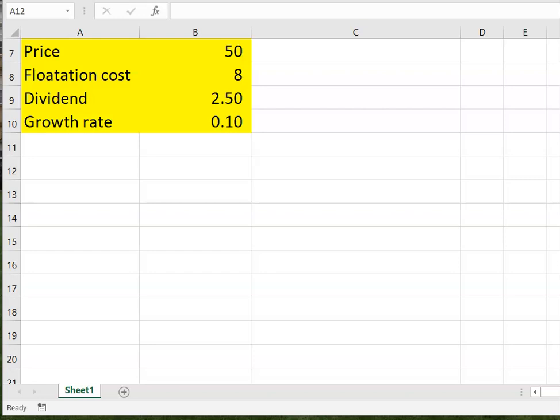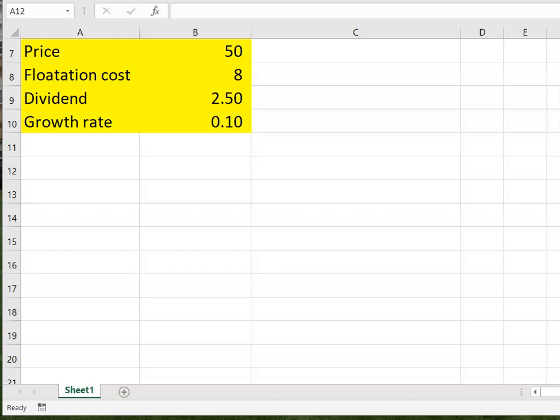I'm going to use the example that I had in the slides. There we had a price that was issued at an IPO of $50. So we did an IPO, the investors paid $50. Unfortunately, the firm doesn't get all that $50 at an IPO. Those greedy investment bankers want their share.